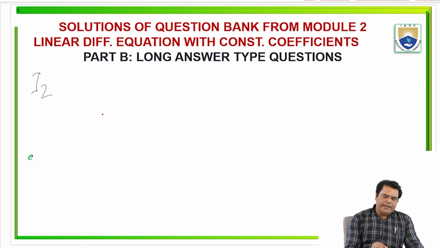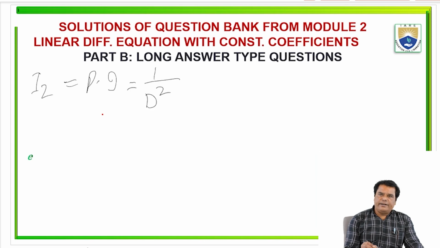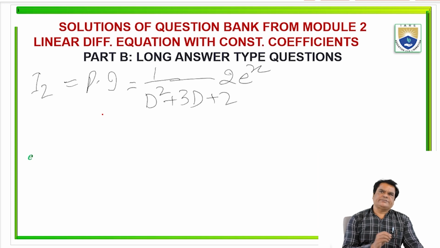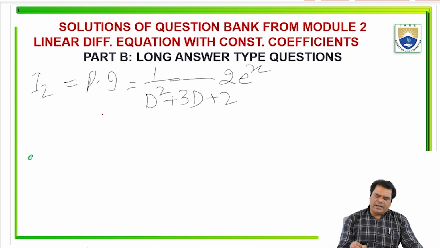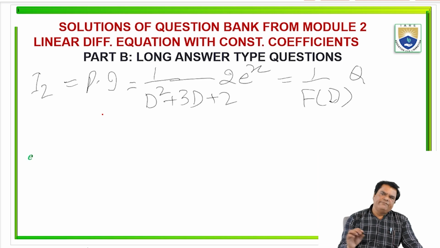I2. I2 is PI, which is 1 upon D squared plus 3D plus 2, into 2e to the power x. The formula of PI is 1 upon f(D) into Q. This is the second function in our question.